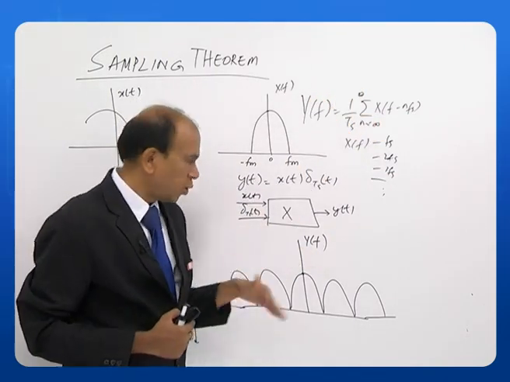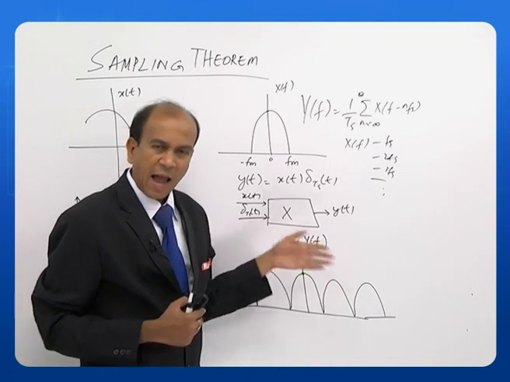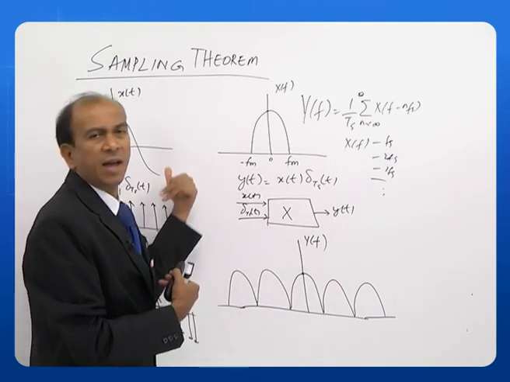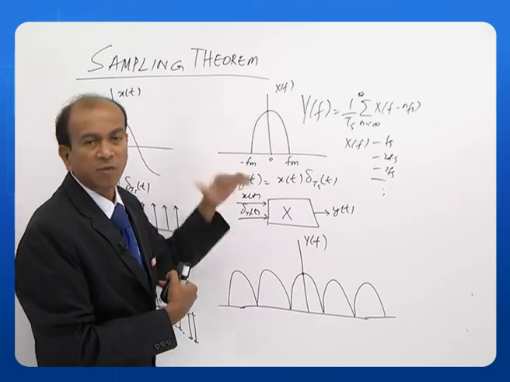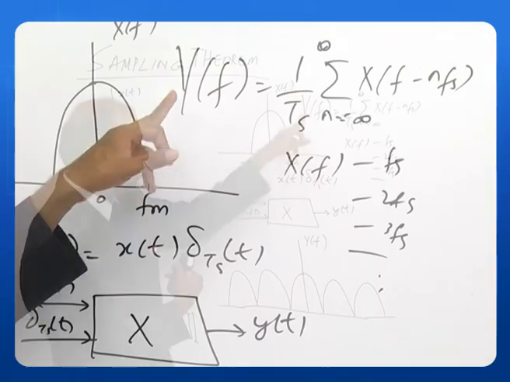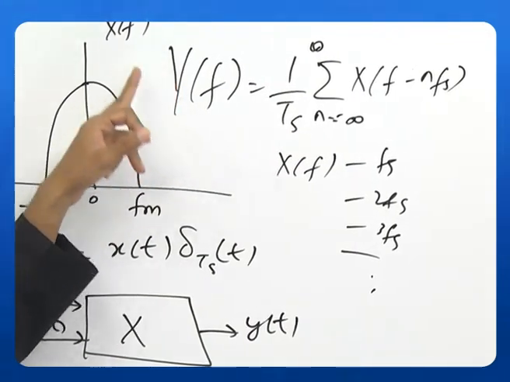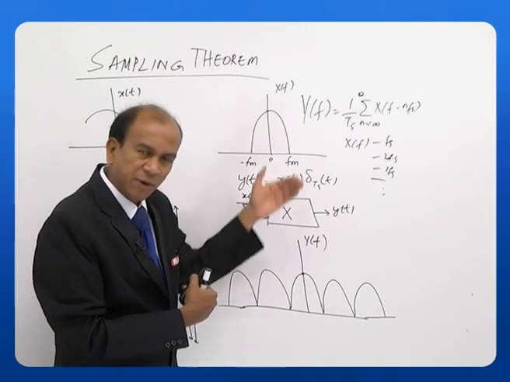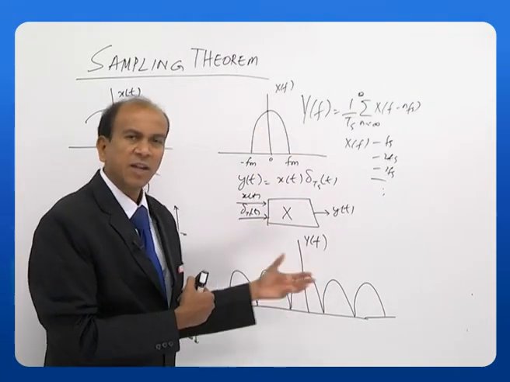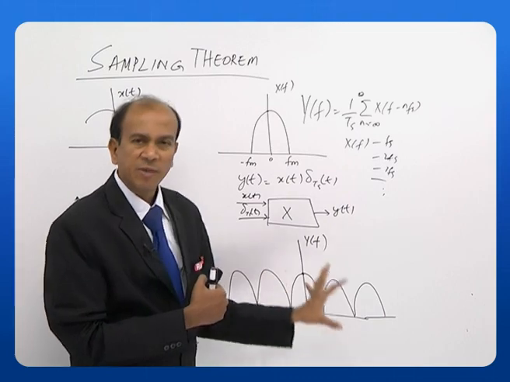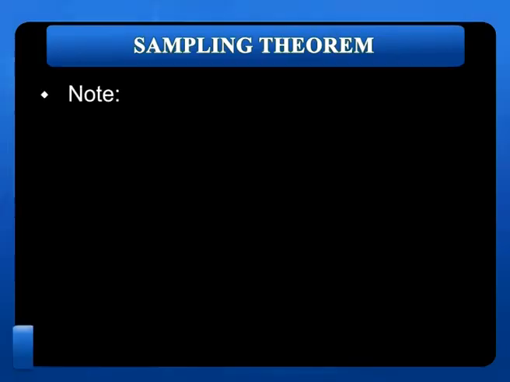Now, once I know y of f, I can actually retrieve back my x of t from this, because y of f is nothing but x of f, isn't it? There is a relationship between y of f and x of f. So, x of t in fact can be recovered from this sampled signal. Let us see some notes.